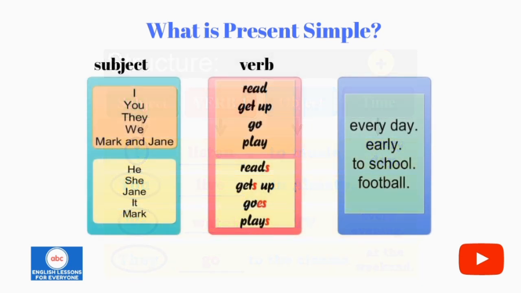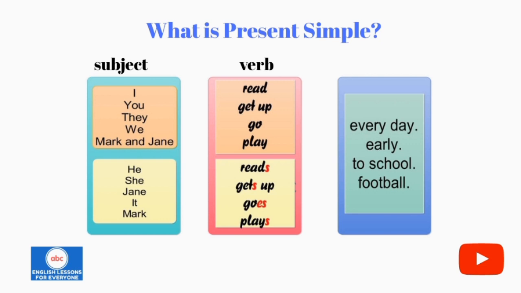What's important about the present simple, and it's very important because so many English students forget this part, is the addition of s when it comes to a third person subject, such as he, she, it. As you can see here, we have the subject and the verb again.